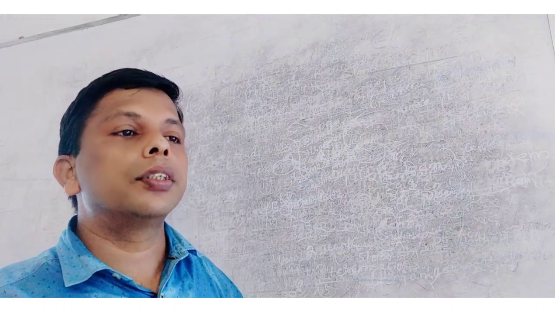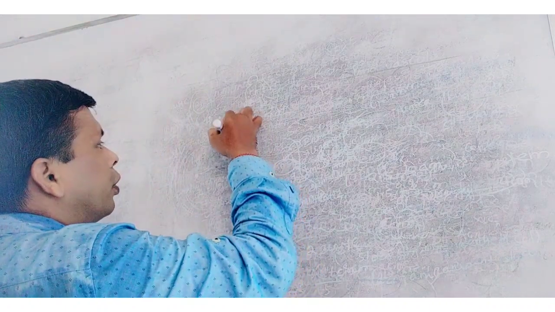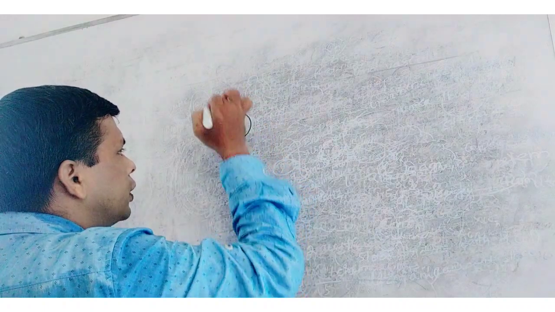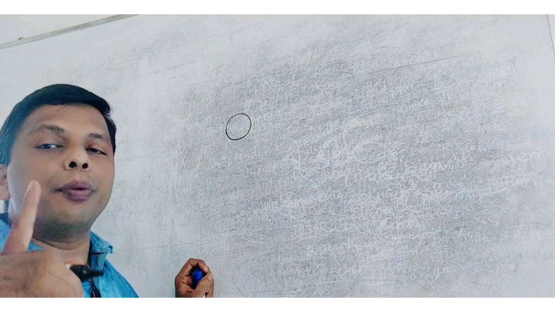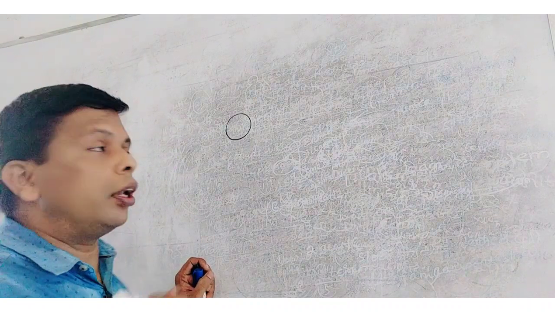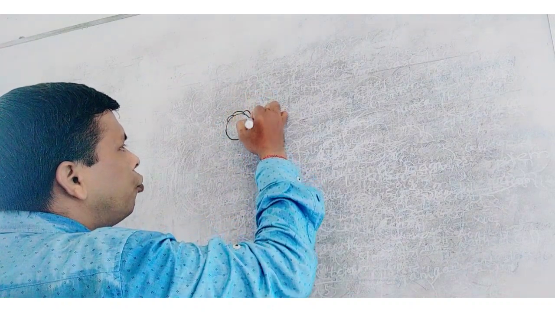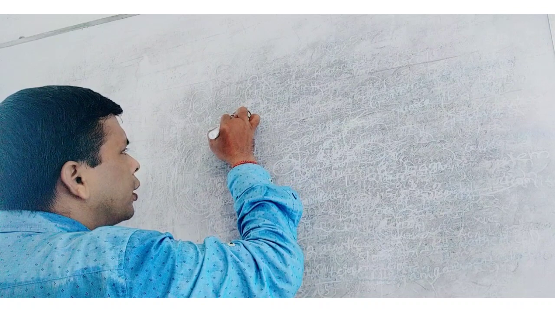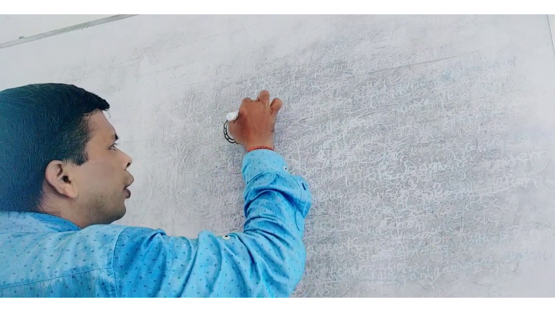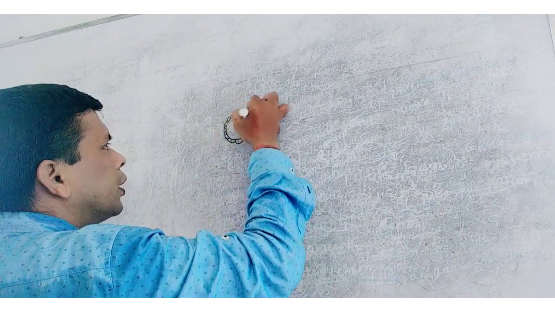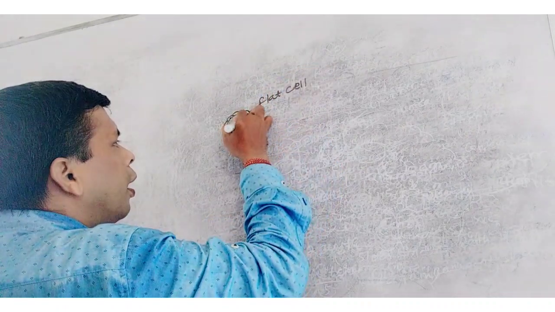So, first let us discuss what a primordial follicle is. Remember, this is the primordial follicle. Around the primordial follicle, there is a single layer of flat cells, cuboidal cells.